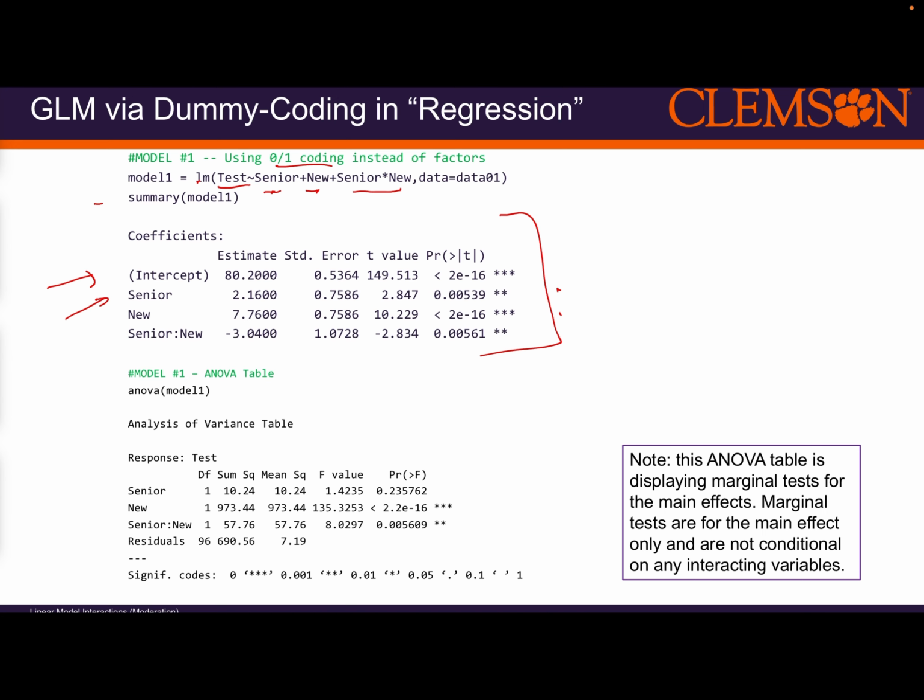In this case, the score goes up by 2 points for somebody who's a senior but in the old curriculum. The score goes up by 7 points for someone in the new curriculum but who's a freshman. And then the interaction between the two represents the change in either of those. It's negative 0.304. Remember, this term moderates both main effects.